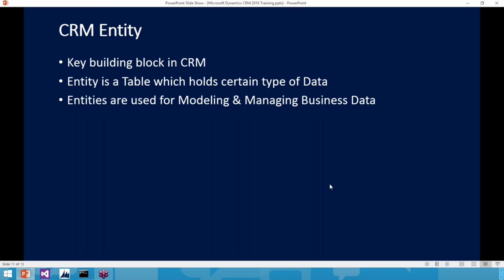And entities are the building blocks, used for modeling and managing of business data. That's how we group these modules: sales, marketing, services, and admin settings.